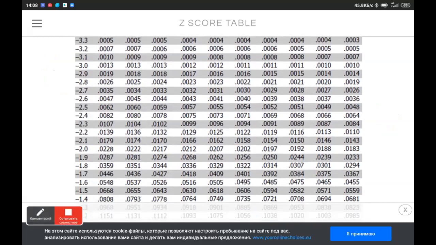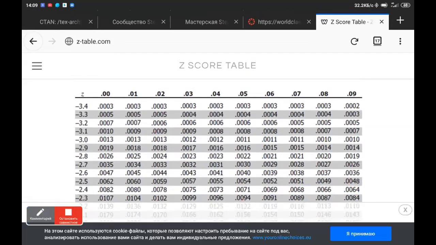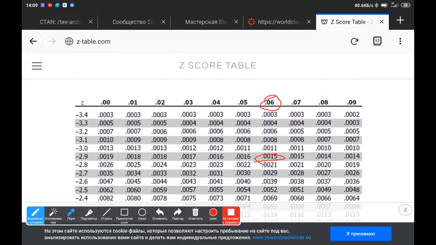So let me mark. So 2.5 is here, and I see that Z is minus 1.9, and it's column 1, 2, 3, 4, 5, 6, 7. So if I go up and look, it's 0.6. So minus 1.96 for two-tailed.